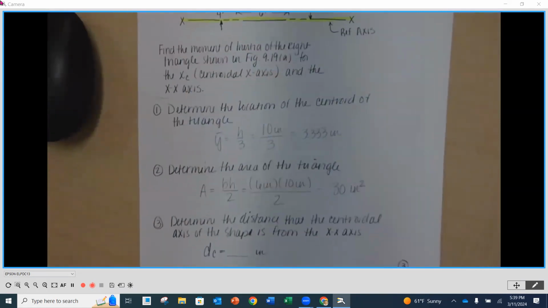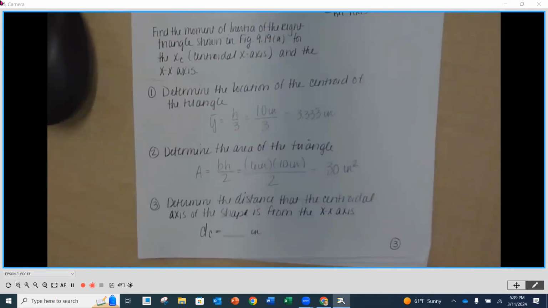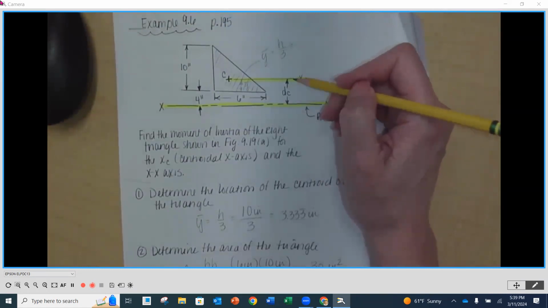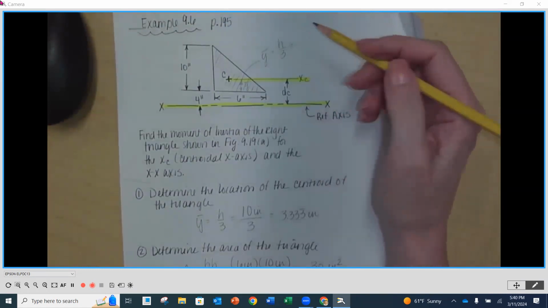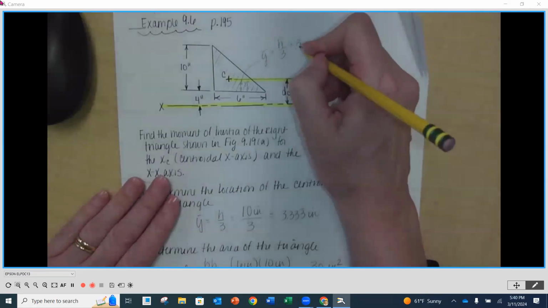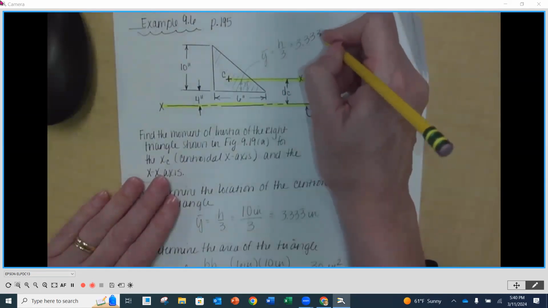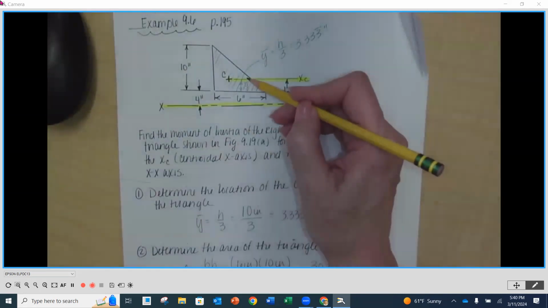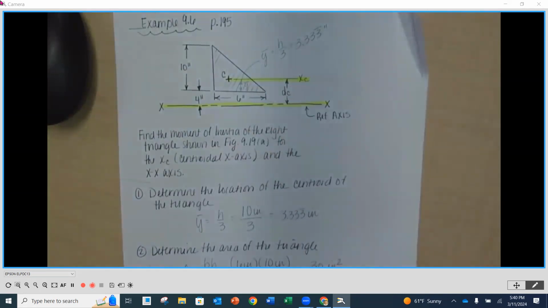Now, the next step, number 3, says determine the distance that the centroidal axis of the shape is from that X reference axis, the DC. When we look back up here, DC is identified. So from that reference to the centroidal, it's right between here. We know that our distance from the bottom of our triangle to our centroid is 3 1/3 inches.